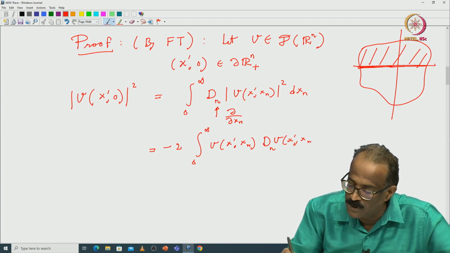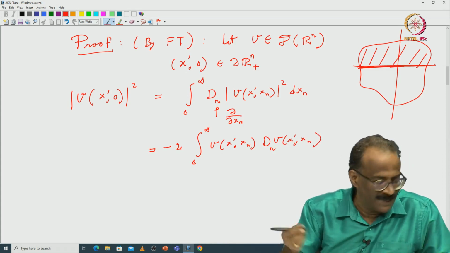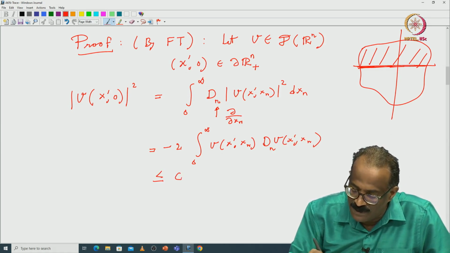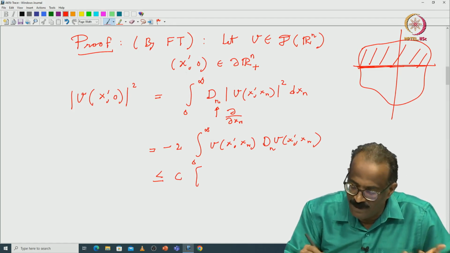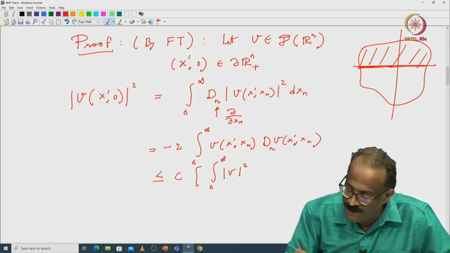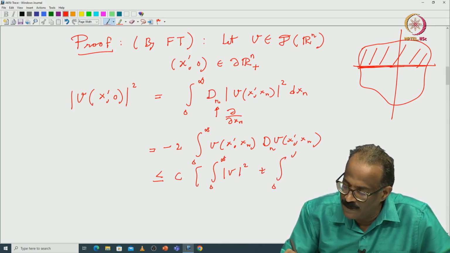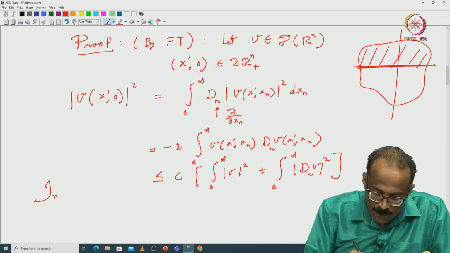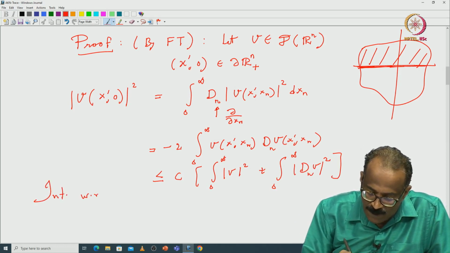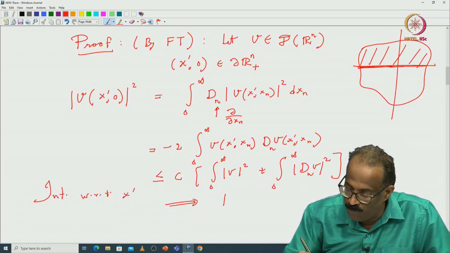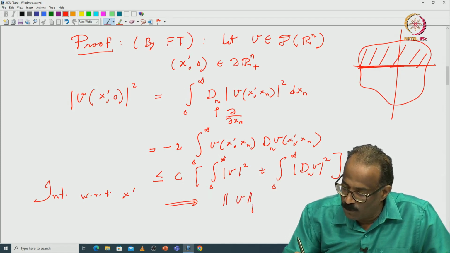Now, apply just a Minkowski inequality, you get, with some constant, this is less than or equal to some constant into integral 0 to infinity modulus of V squared plus integral 0 to infinity dn of V squared, you can do that. And then now integrate with respect to x prime to get the norm of V in L2 of Rn minus.